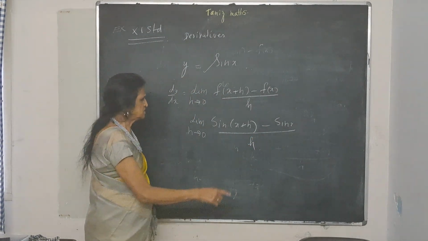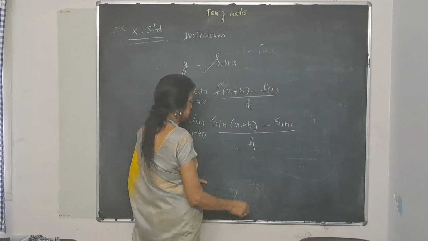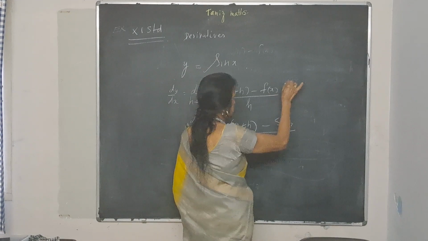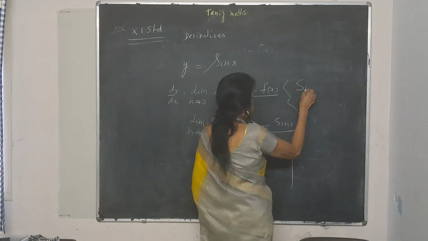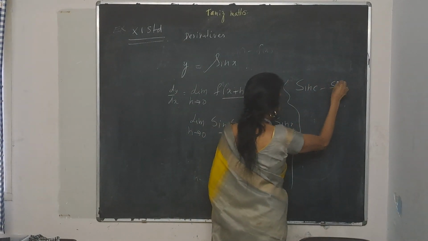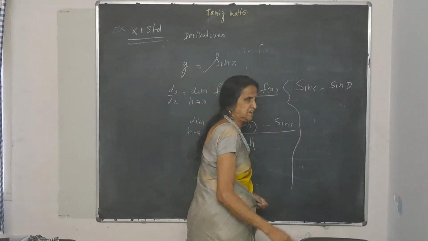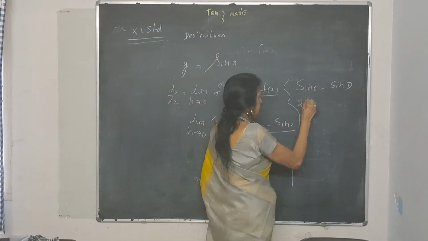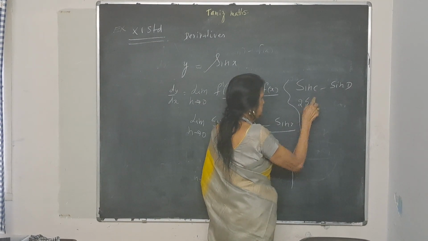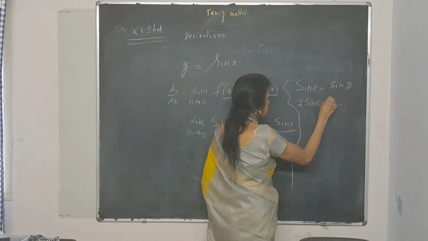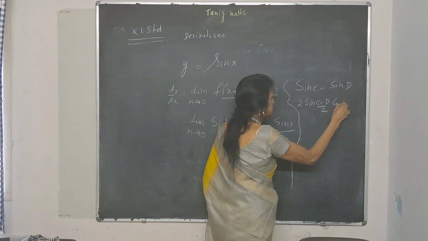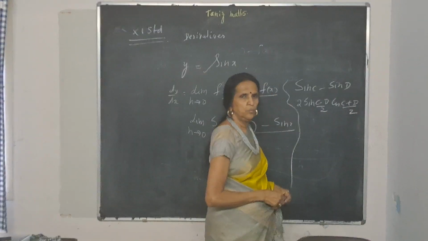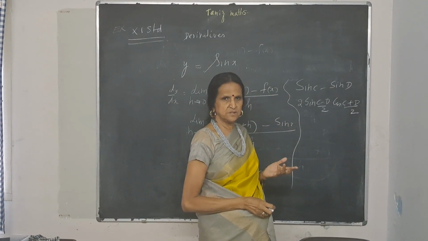Fine. Now sin c minus sin d. I will give a very easy way. Whenever it is minus, it will be 2. Write sin here. For sin, whatever sign comes, that should be put, and for cos, the other sign we should put. This is how we have to remember it in an easy way.